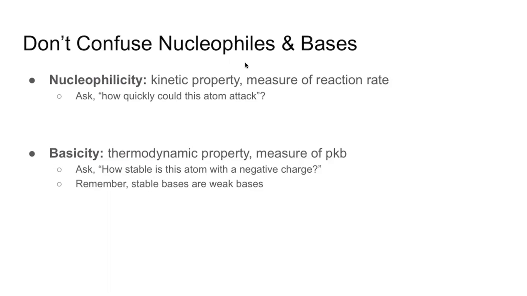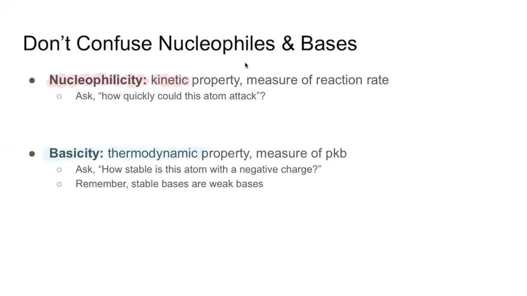When you're thinking about nucleophilicity, you want to be thinking, how quickly can this atom or molecule attack something? And so nucleophilicity, kinetic property, whereas basicity is actually going to be a thermodynamic property. And so for this, you want to be thinking, how stable is this atom or molecule with a negative charge? So for example, a molecule that's stable with a negative charge is less likely to take a hydrogen.